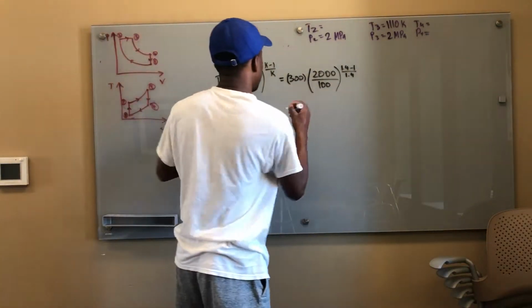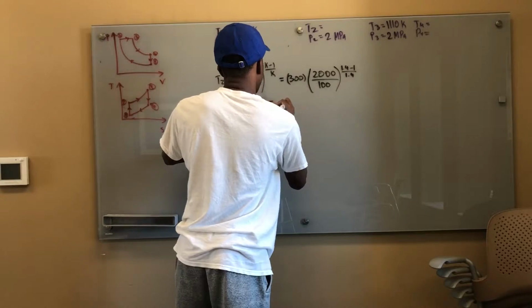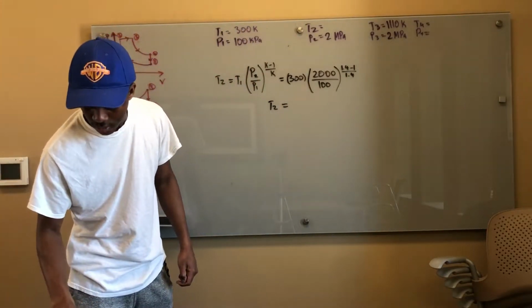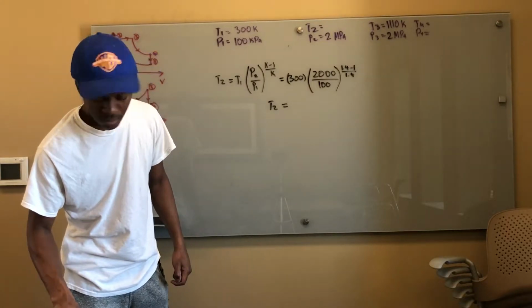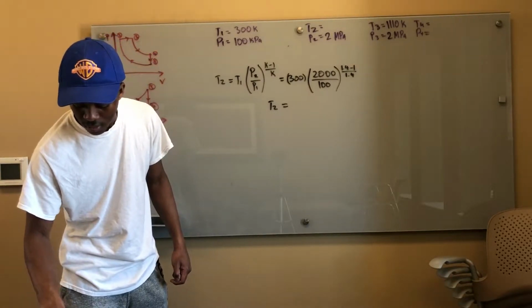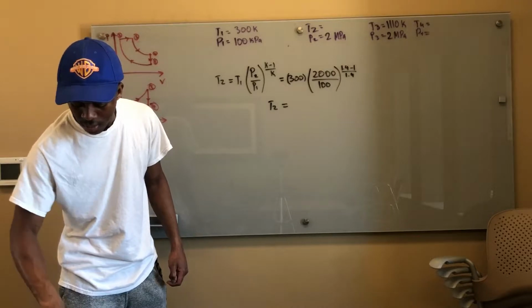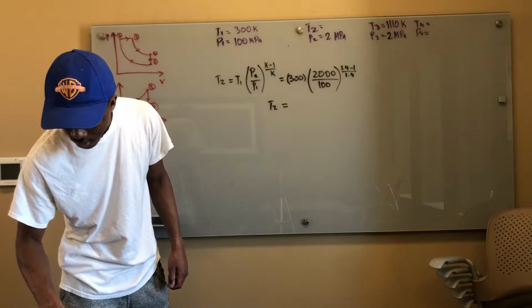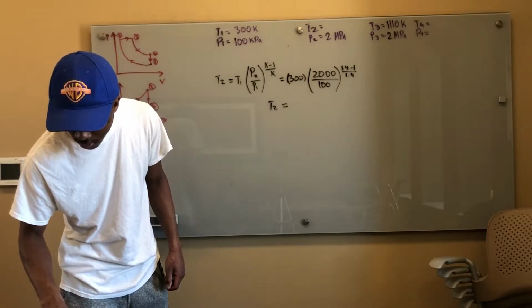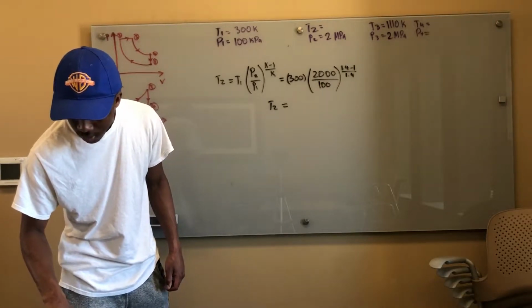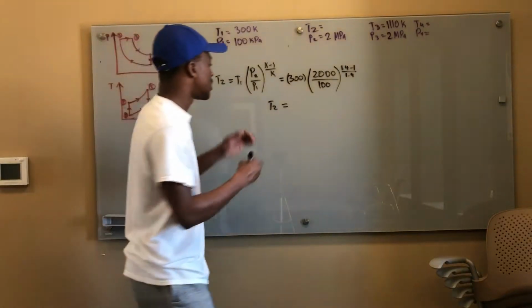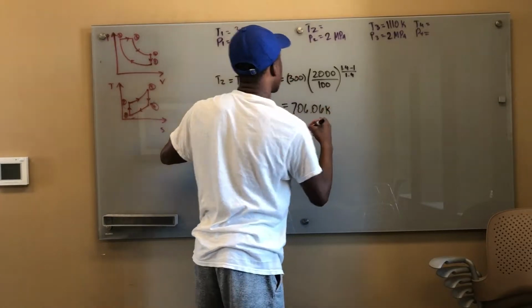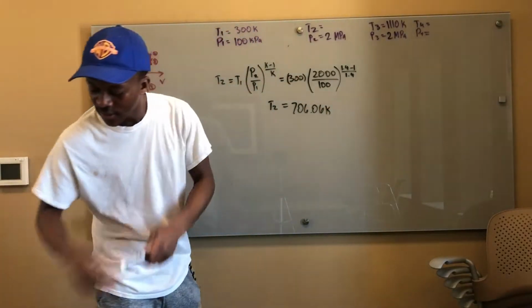So once I punch this into a calculator, I get that T2 is equal to 706.06 Kelvin, okay? So I'm gonna go ahead and write that in there.